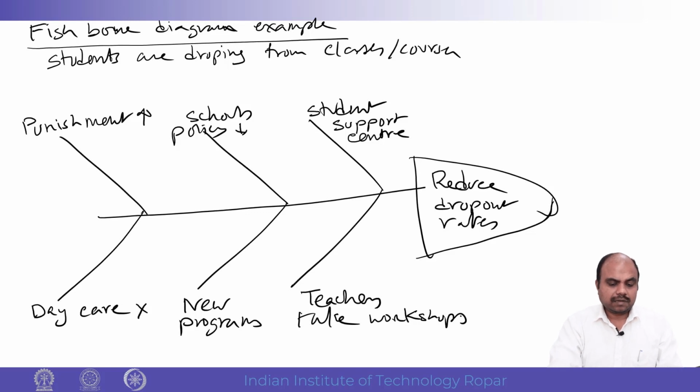So they have found this is a very simple analysis, that if they can do all these things, then they can reduce the dropout rates, and then the school will have more students. So this is a very simple way of analysis. And for each of these, they can go for a detailed understanding of the reason.